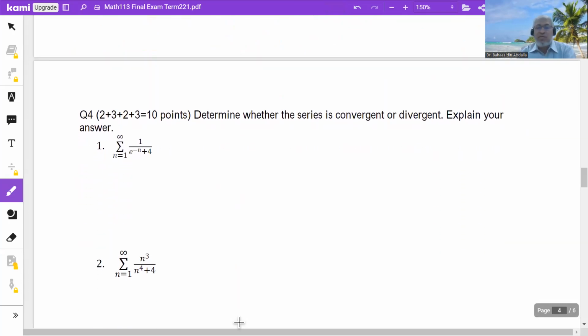Determine whether the series is convergent or divergent. Explain your answer. Okay. I have here 1 over e to the negative n plus 4. Well, what do we know about e to the power negative n?